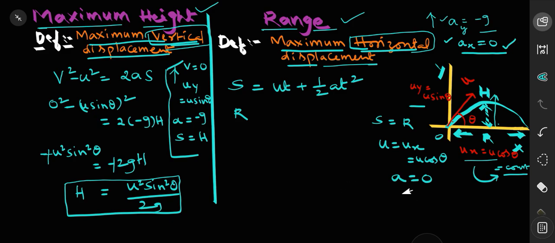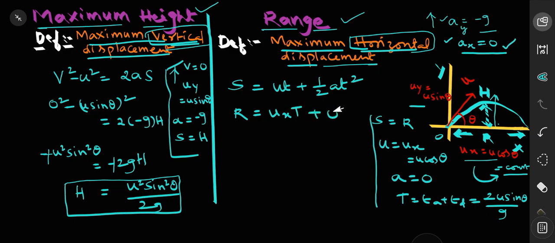And t is equal to time of ascent plus time of descent, which is equal to the time of flight, whose value is 2u sin theta by g. By substituting these values in this expression, we get r is equal to ux into capital T plus 0, because here a is equal to 0, so the whole term will vanish.